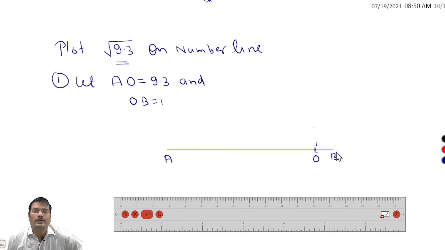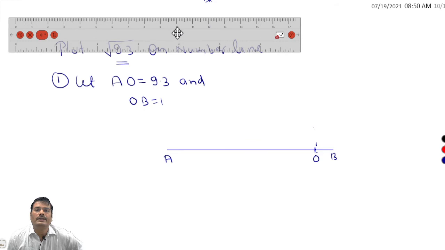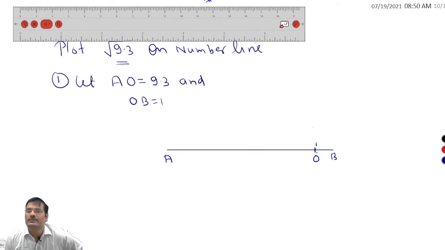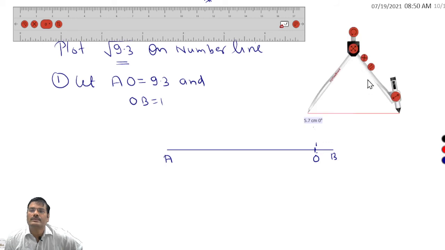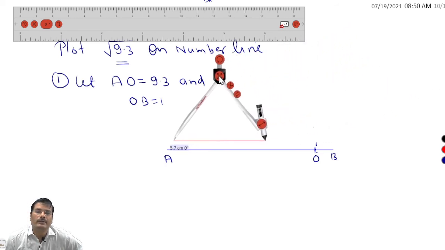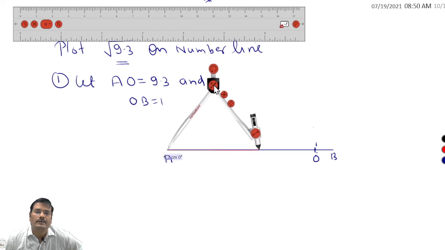After this one, we have to find the perpendicular bisector of this line. To draw the perpendicular bisector, fill the distance more than half.